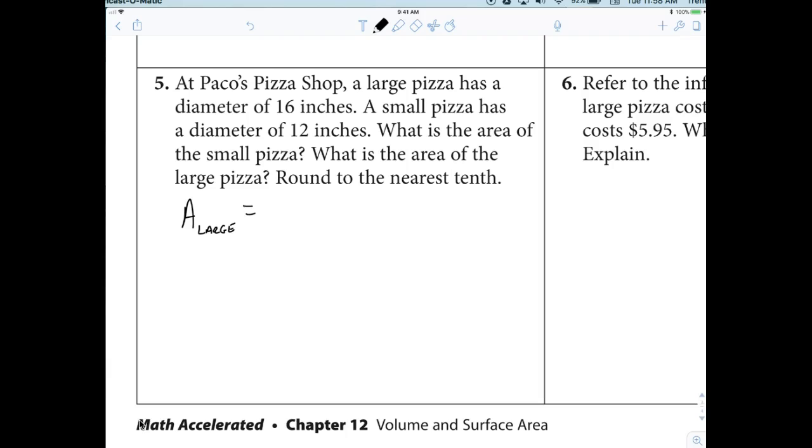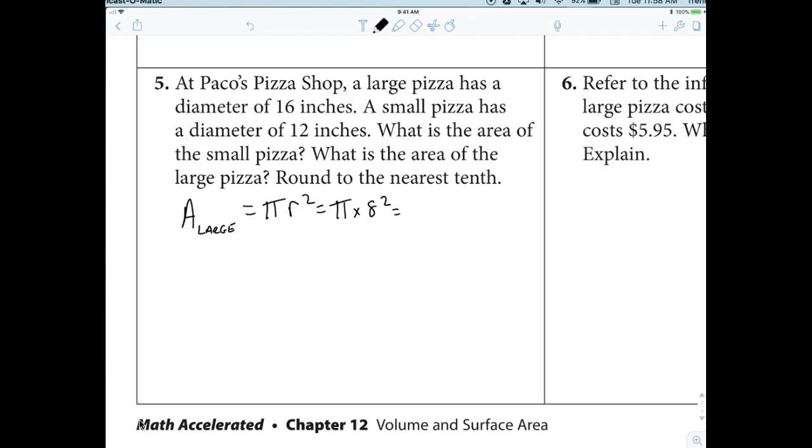What's the formula for area? Pi r squared. So put down pi r squared. What's the radius of the large? 8. So it's pi times 8 squared.